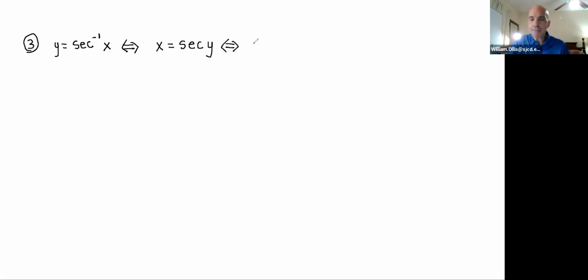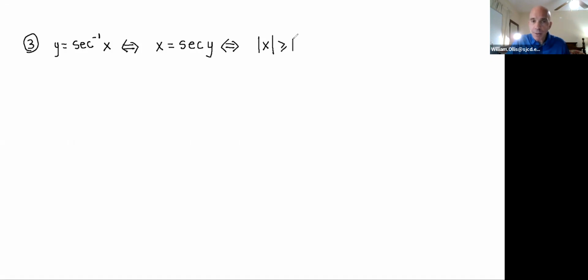Now, what does this mean? If we look at this, we've got x's and y's running around the place. Where do the x's live? Think about the process of making the secant function 1-to-1. This is going to give us x in absolute value greater than or equal to 1.